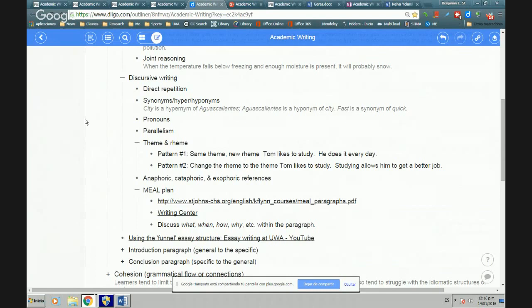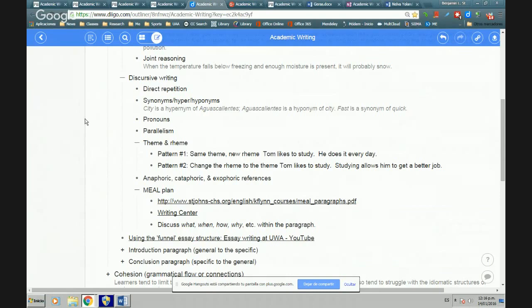And if they do that, then their ideas flow a lot better. This all by itself, the theme and rheme, when students are really having problems with cohesion, connecting ideas from one to the next, if they can get their head around this, which they usually can, their writing improves drastically.